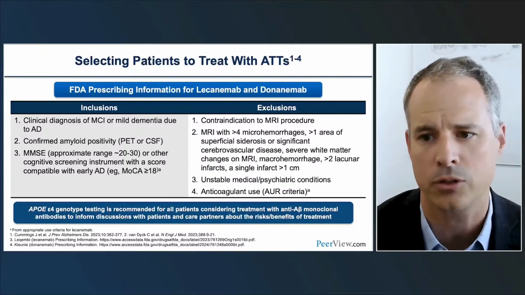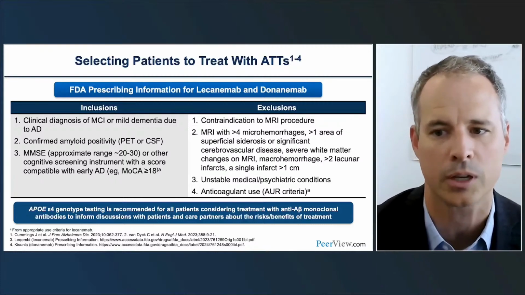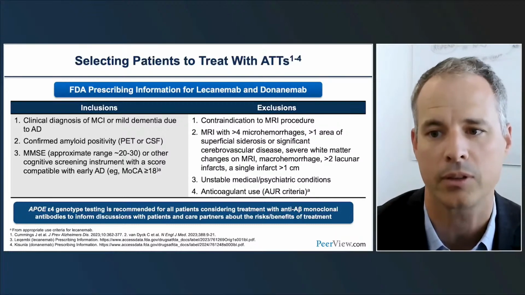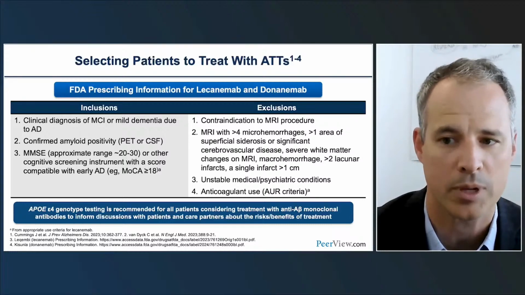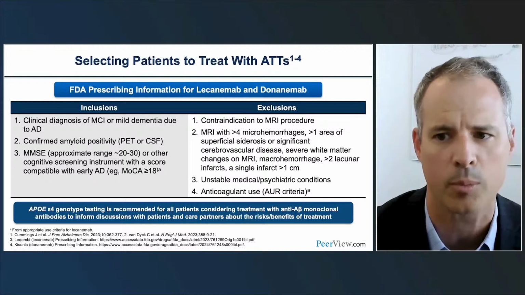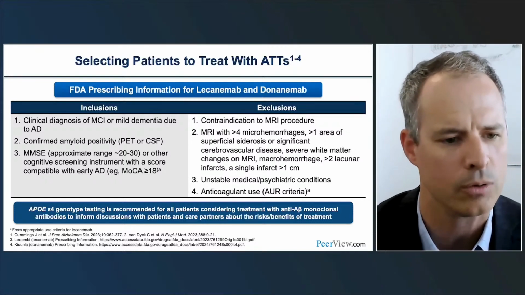So it's important not to treat patients who don't actually have memory loss, so patients with a subjective memory complaint, or patients who are too far progressed and have more than mild dementia due to AD. They must have confirmed amyloid positivity, which is done usually with amyloid PET or with CSF biomarkers, such as a p-tau 181 to a beta 42 ratio.